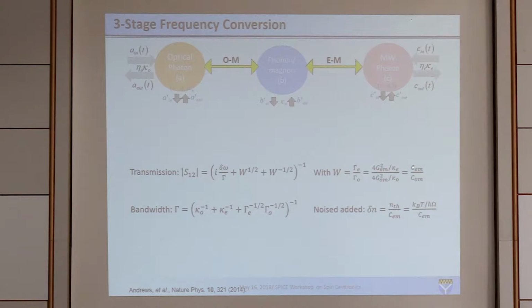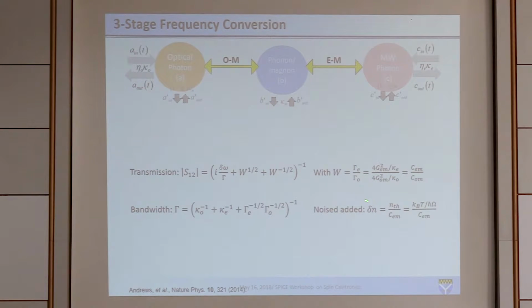You still need this W to be 1. You also need this cooperativity to be much bigger than 1, because the cooperativity describes this gamma divided by the intrinsic damping rate. So you do not want noise from the environment to come into your system to spoil your conversion process. So you need this cooperativity to be larger than 1, so the noise added during this conversion process is way less than 1 excitation.